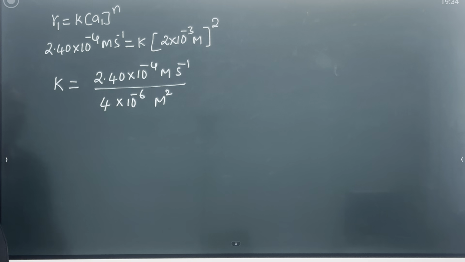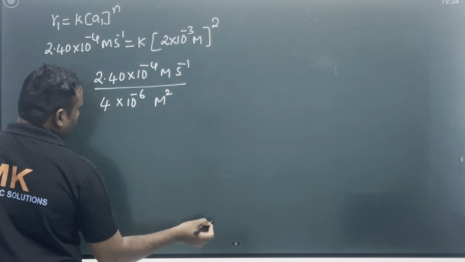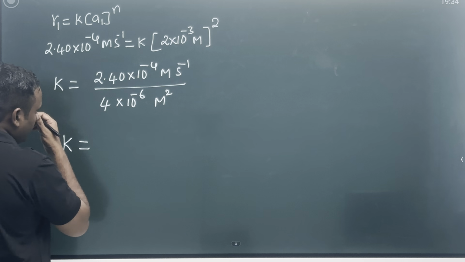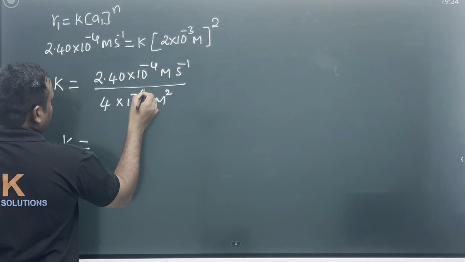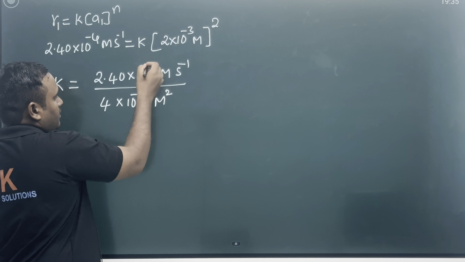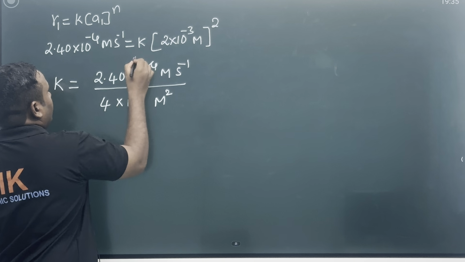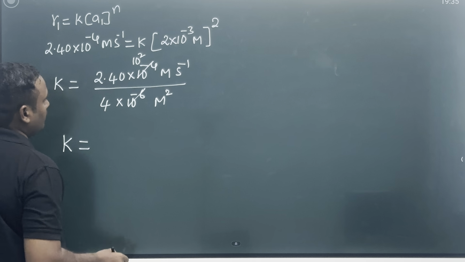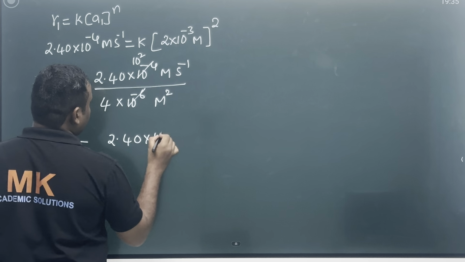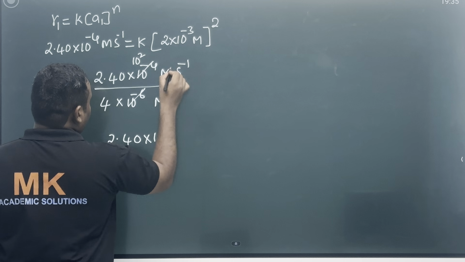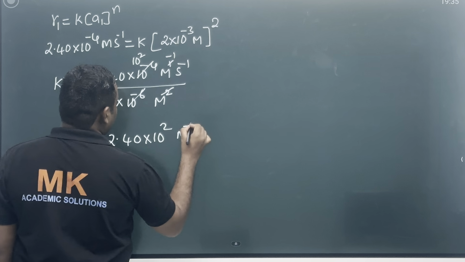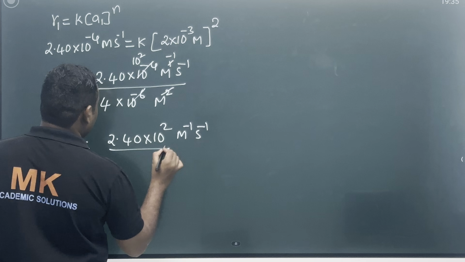So now you calculate this, how much you will get. Here 10 power minus 6 goes to the numerator as 10 power plus 6, and plus 6 minus 4 will come, total it is 10 square. That is 2.40 into 10 square, and here mole power 1 becomes mole power minus 1, second inverse, by 4.